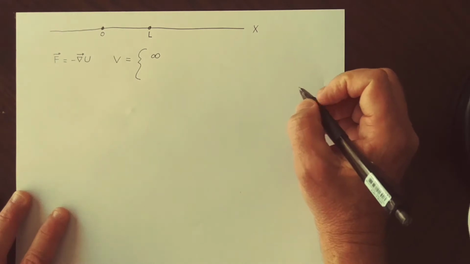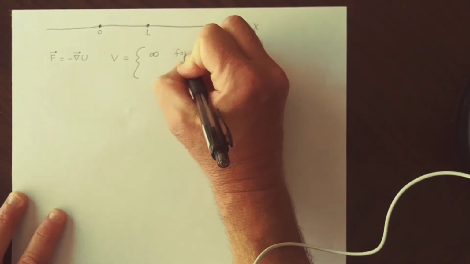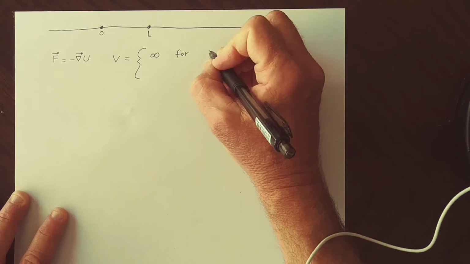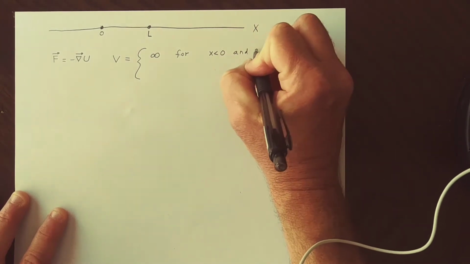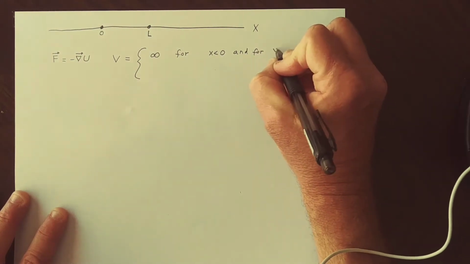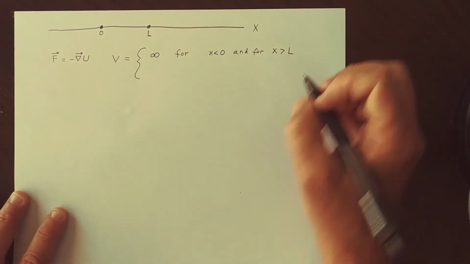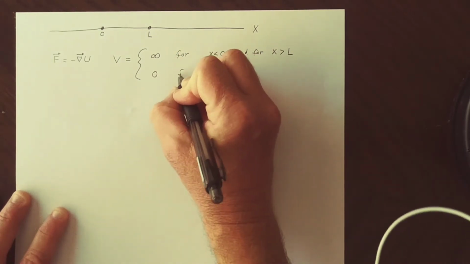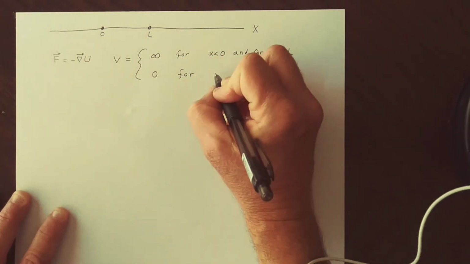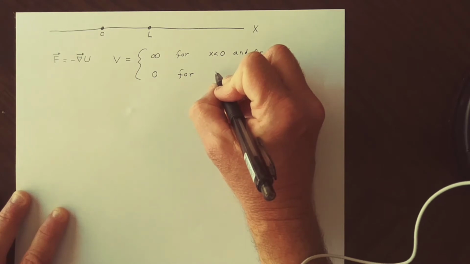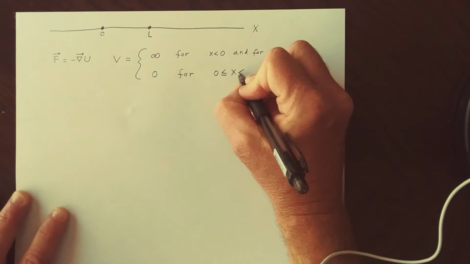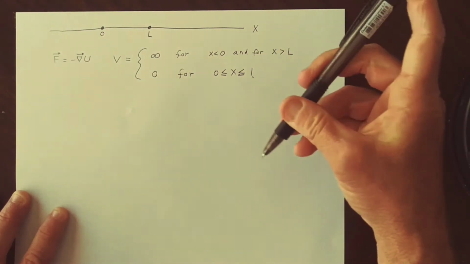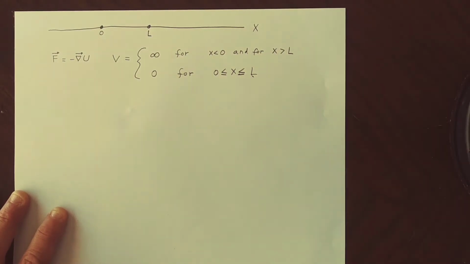Right, so the potential is infinite for x less than 0 and for x greater than L. Okay, and then it's going to be 0 for the other region, which is what's left, the region between 0 and L. And so we'll have the particle be free in that region.